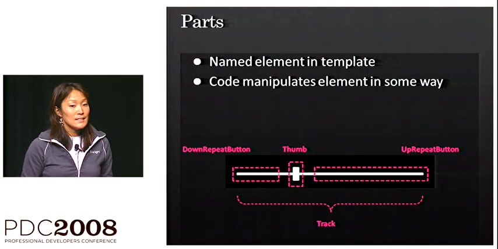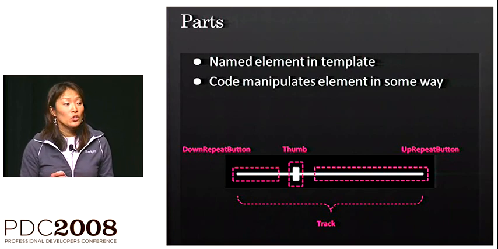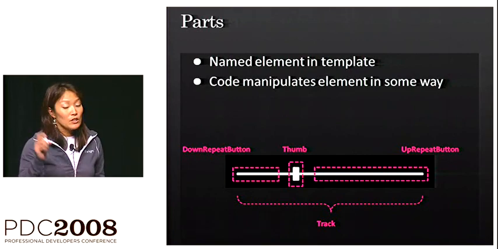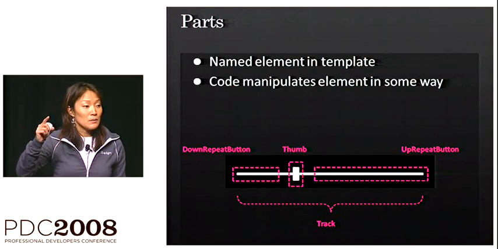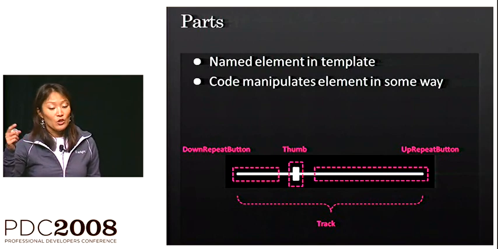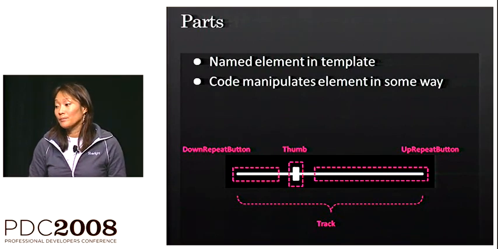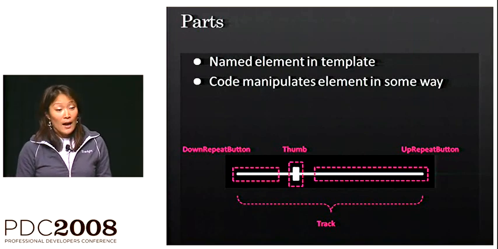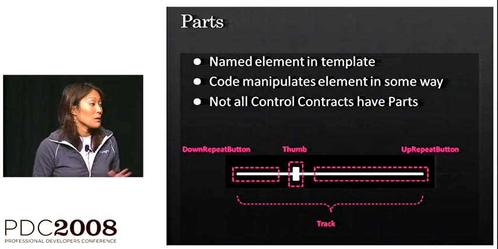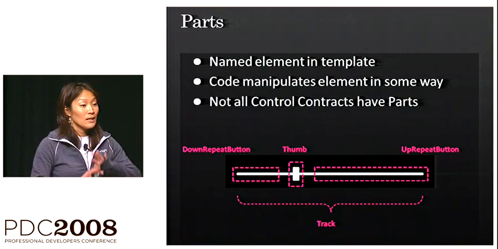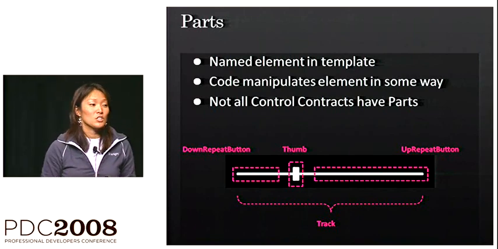And the reason why all these need to be explicit parts within the control contract is that the code logic needs to know if the user clicks on the up repeat button, I need to programmatically move that thumb along the track. And similarly, if you hit the down repeat button, I need to programmatically move that thumb along the track. So those are parts. And as a call out, not all control contracts have parts. It might be the case that a control code is fine with the visual look being exactly what it is, and it doesn't need to reach into it at all.